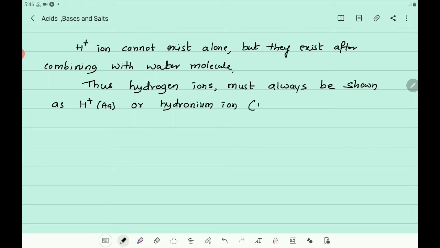Hydronium ion, that is H3O plus. This is H plus combines with H2O, gives H3O plus, which is the same as H plus aqueous.